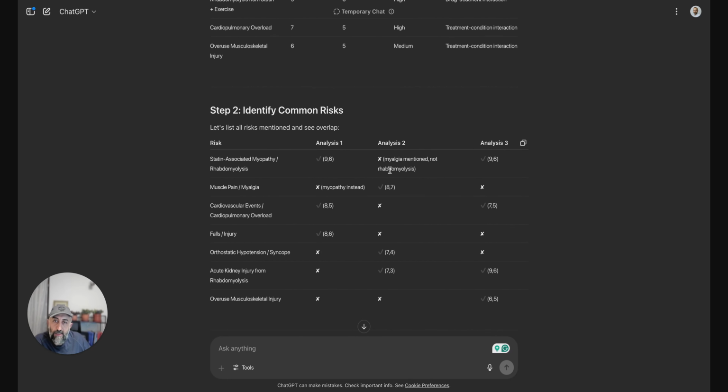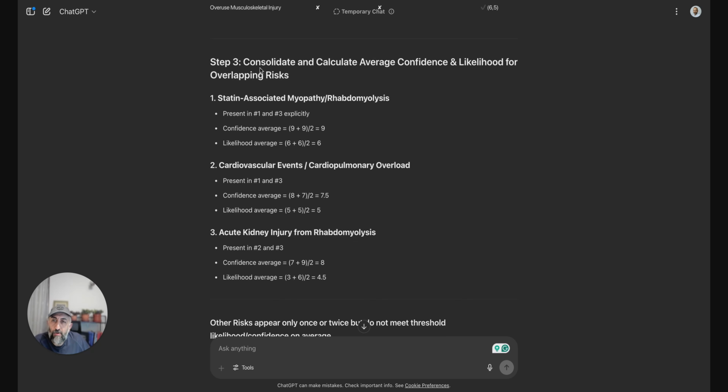It creates a table and identifies common risks across all of those attempts. In step 3, it calculates average confidence and likelihood for those common risks.